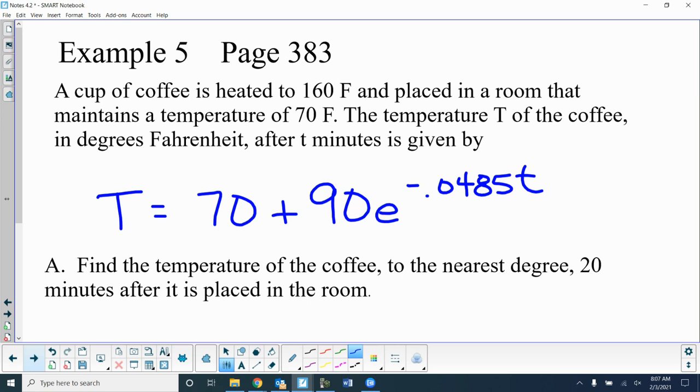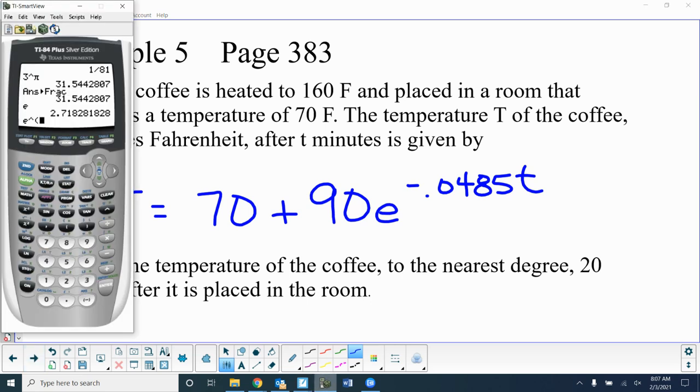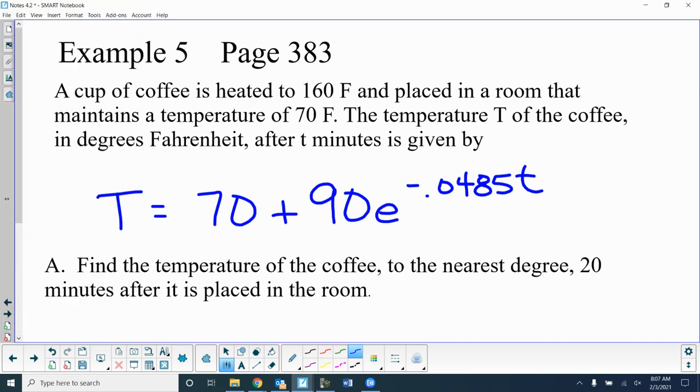You see that we have that E in here. So again, we're just going to hit second natural log to get that to show up when we plug it in. It says, find the temperature of the coffee to the nearest degree 20 minutes after it's placed in the room.